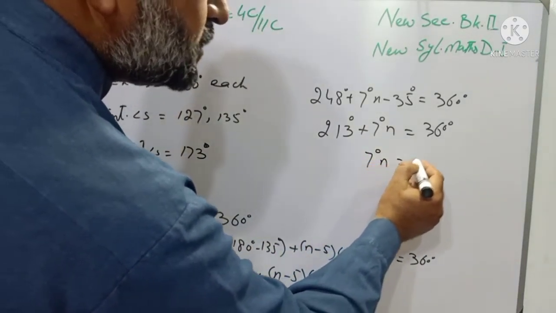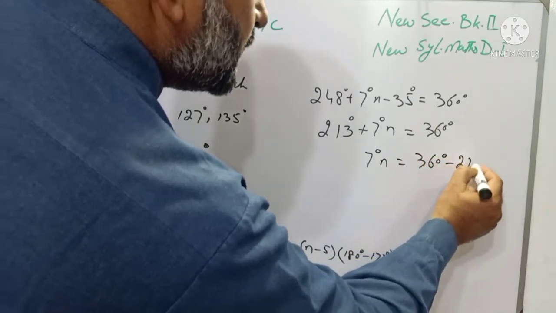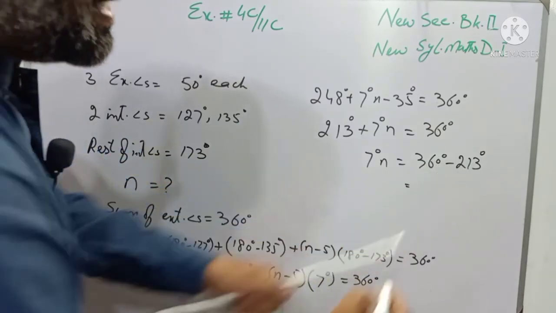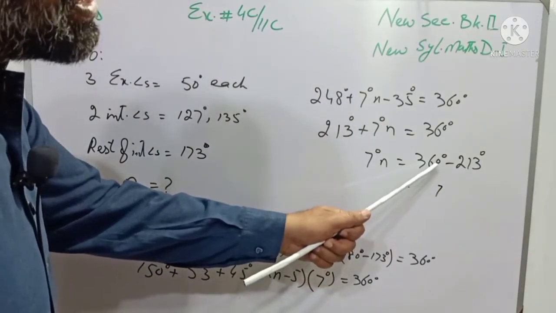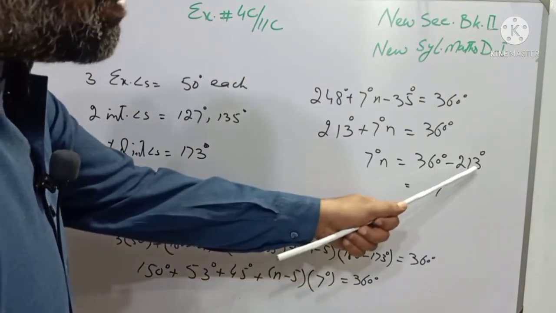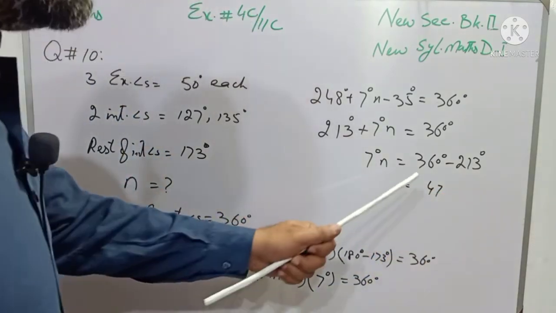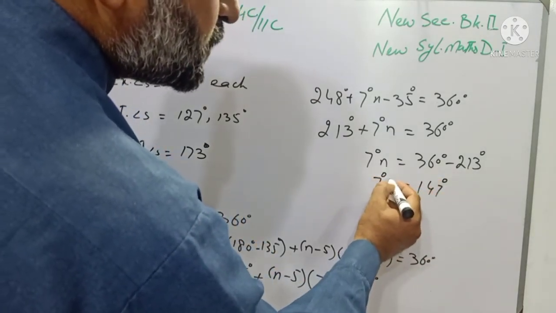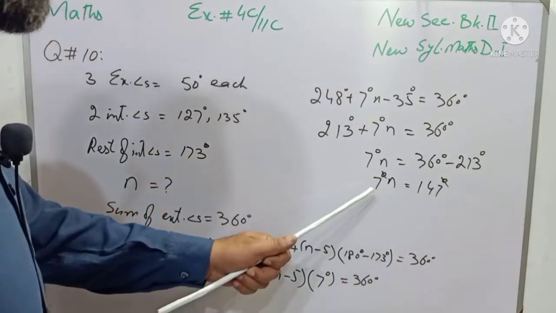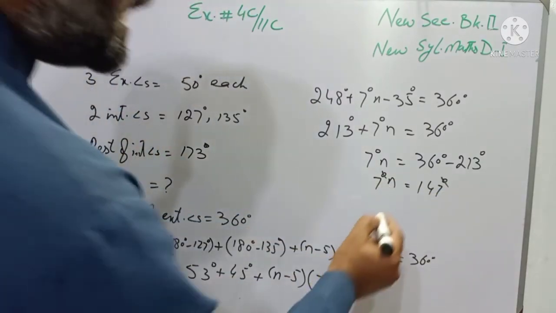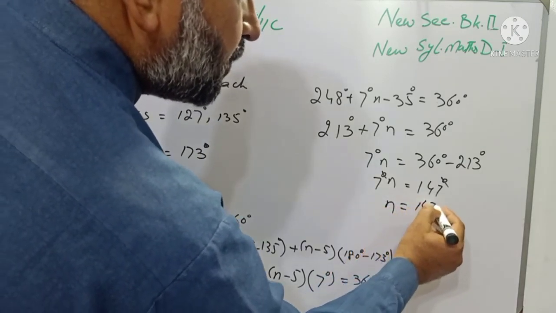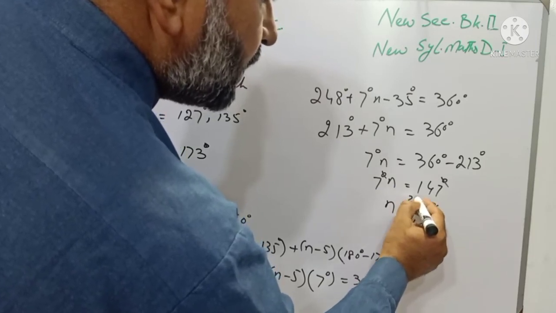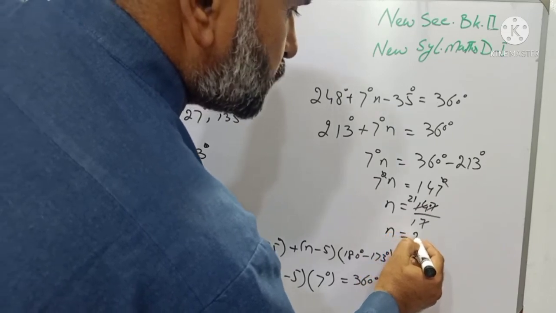So 7 degrees n is equal to 360 degrees minus 213 degrees. Subtracting 213 from 360, we have 147 degrees is equal to 7 degrees n, and degree will be cancelled with degree. 7 is multiplying with n; when we transfer it to the other side, it divides, and n becomes 147 over 7. 7 ones are 7, 7 twos are 14, and 7 sevens are 49. So the value of n is 21.